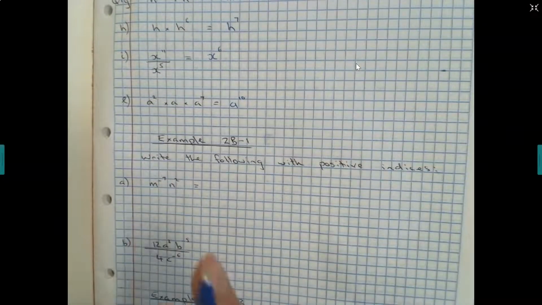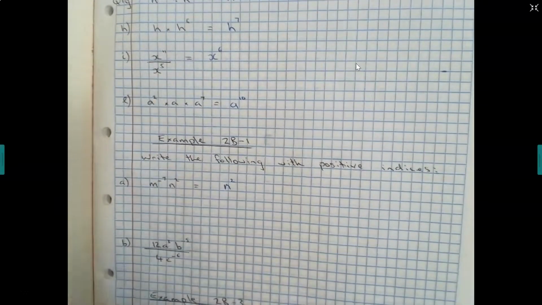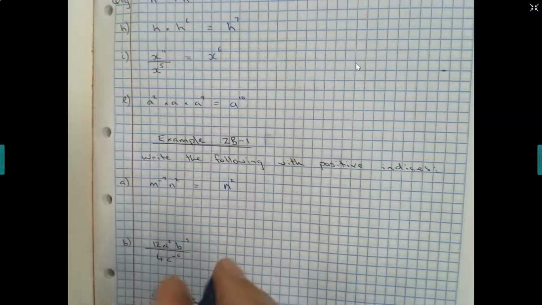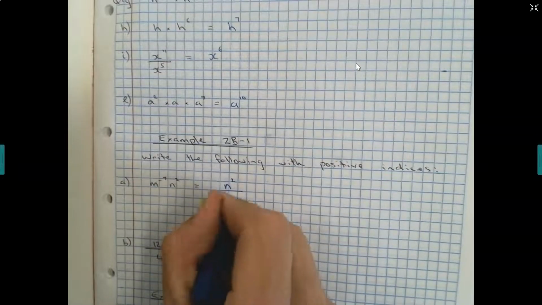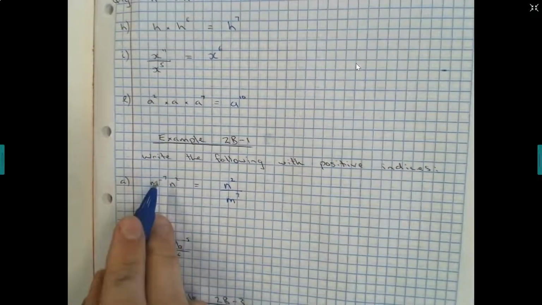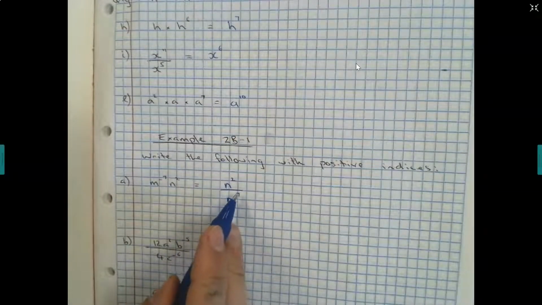Since the n to the power of 2 is already positive, I'm not going to do anything to that. That's going to stay where it is. However, I can actually write this as, if I flip it to the bottom of the fraction, over m to the power of 7. So you can see that I've written this now as a division, and now it's a positive indice.